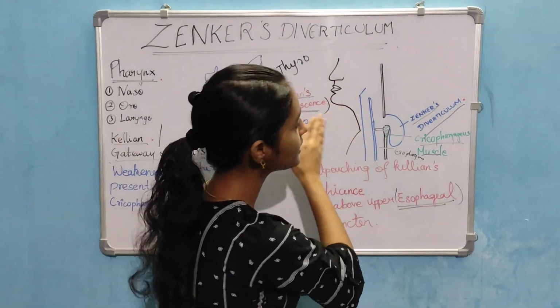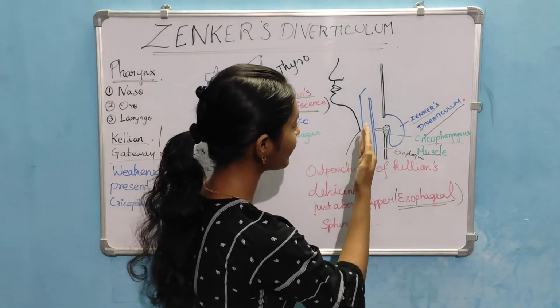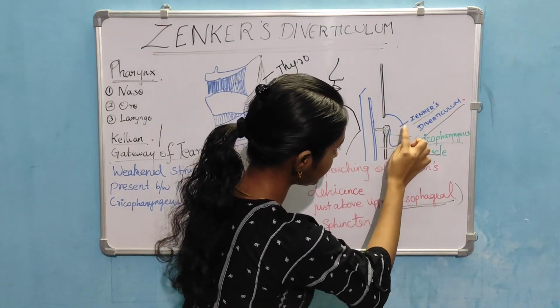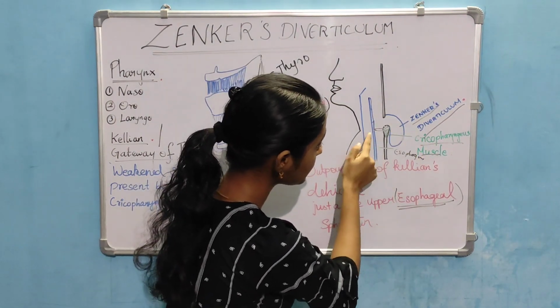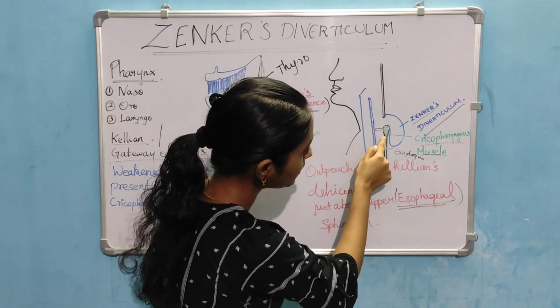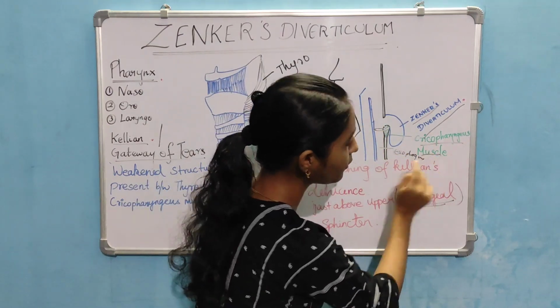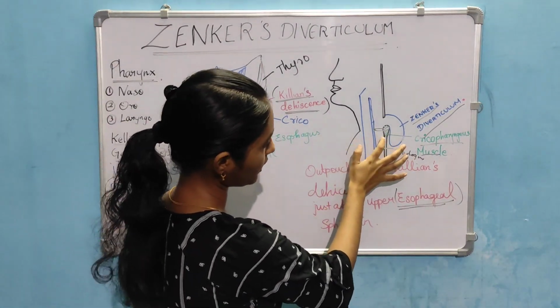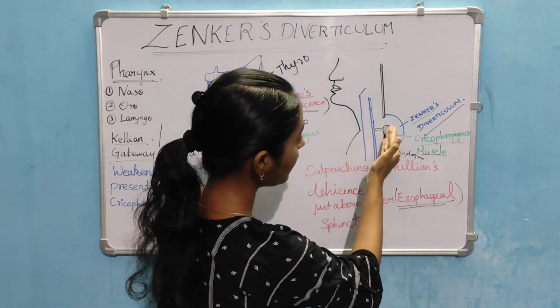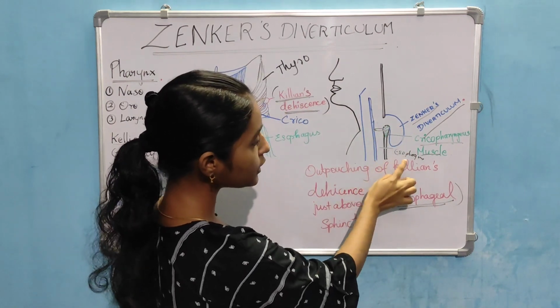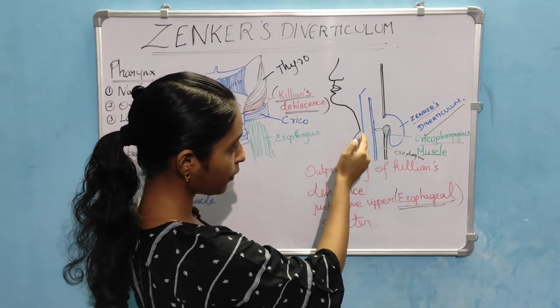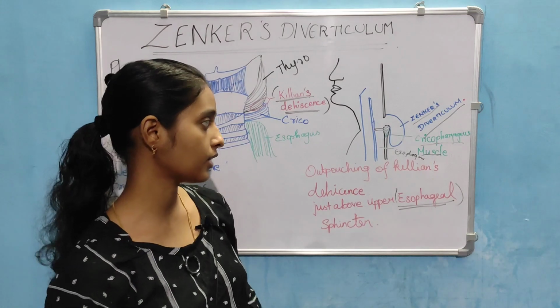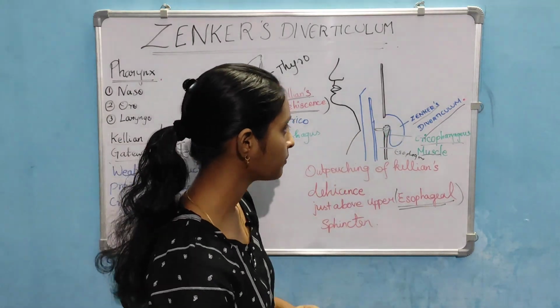This is the face of a human, and here is Zenker's diverticulum, that is, Killian's dehiscence. Under that, the cricopharyngeal muscle will be present. This muscle I have drawn here is the cricopharyngeus muscle, and next to it the esophagus is present, and next to that the trachea. All these are the structures.